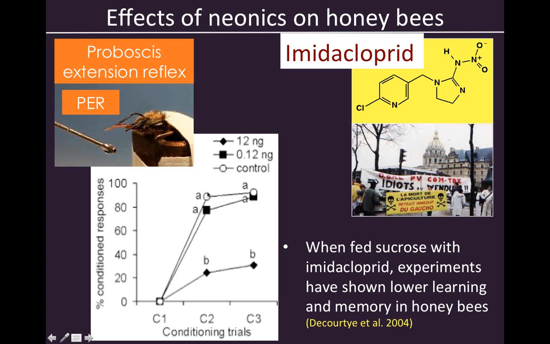There was no significant difference between the controls and very small amounts of imidacloprid. But when fed high levels of imidacloprid, by 3 orders of magnitude or more, the bees took a long time to associate the smell with a food reward. That means the bees are not learning fast enough, compared to controls, that they are likely to get a food reward.